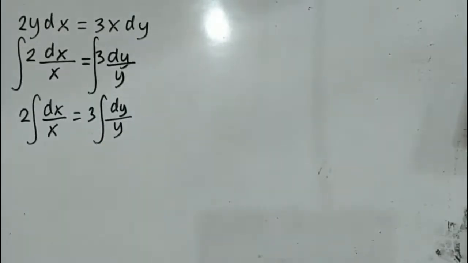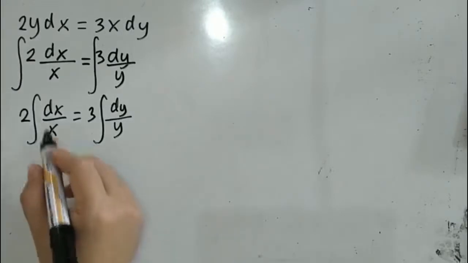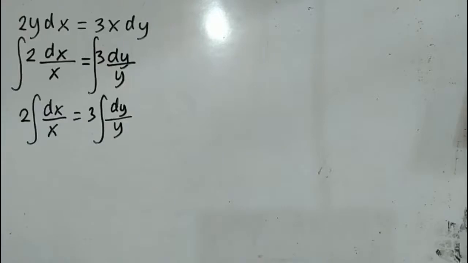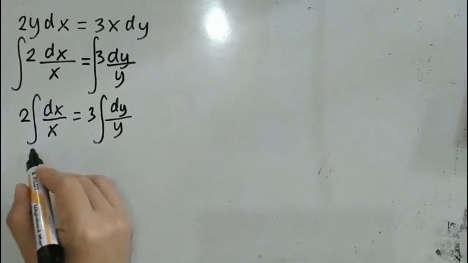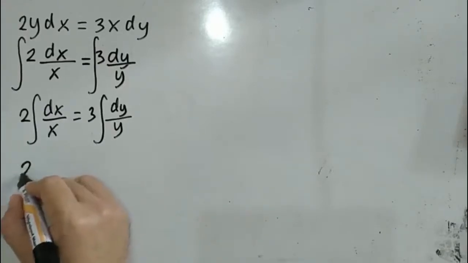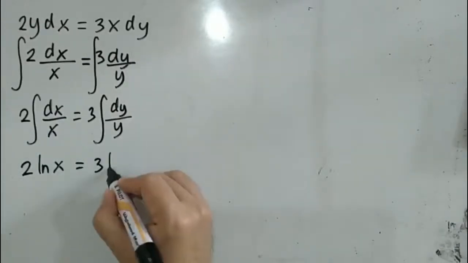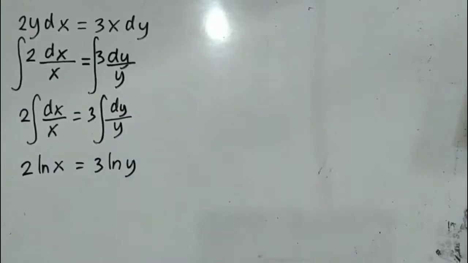And then we integrate. So the integral of dx over x is, as we know, ln of x. This is the log rule for integration. So 2 ln of x equals 3 ln of y.